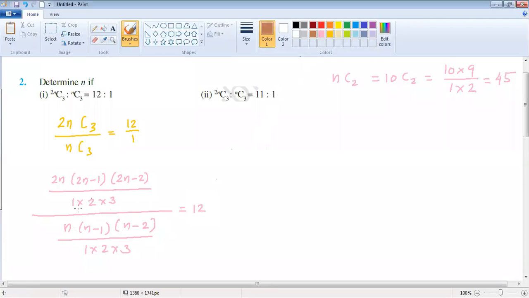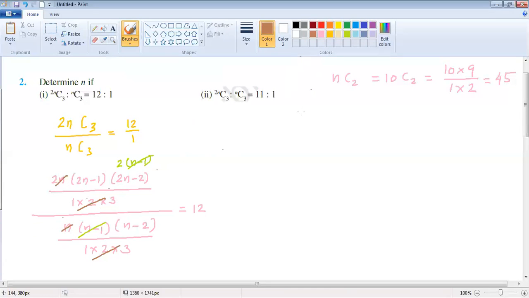So you can see that these denominators will cancel. Then you can take 2 common. So 2 into, you will get n minus 1. And that n minus 1 and n minus 1 will be cancelled. Then 1 n will be cancelled.